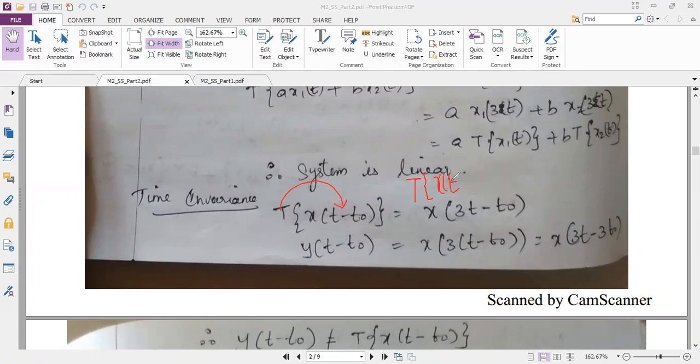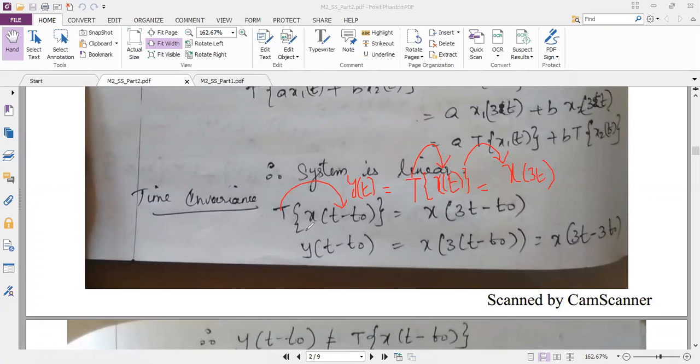If I perform the operation on the input, my output as per the question is x of 3t. So on the left hand side, y of t is obtained by performing the operation T on x of t, which as per the question is x of 3t.